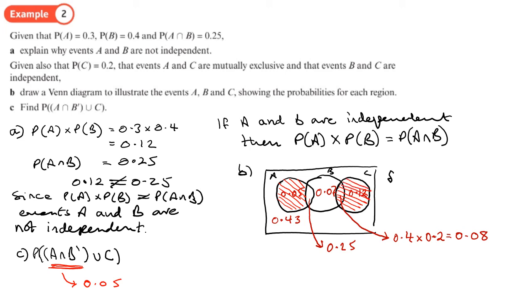So basically I want to add those two bits together. So it's going to be 0.05, union is like plus, what's in C, and remember that is 0.2. So final answer 0.25. So the union symbol basically means what's in one and the other, so it's not the overlap, so 0.25 for that. So you're now in a position where you can do exercise 2A on pages 19 to 21.